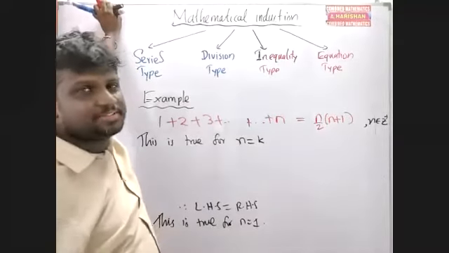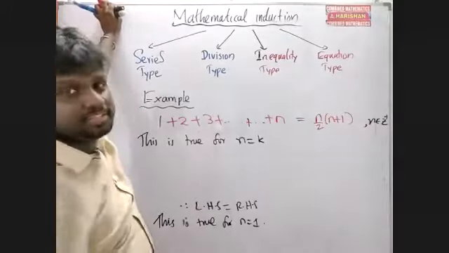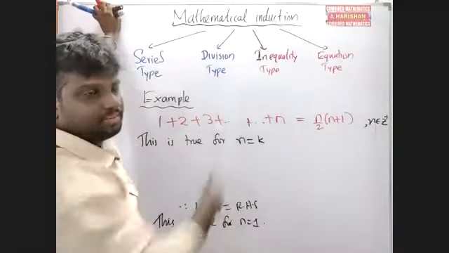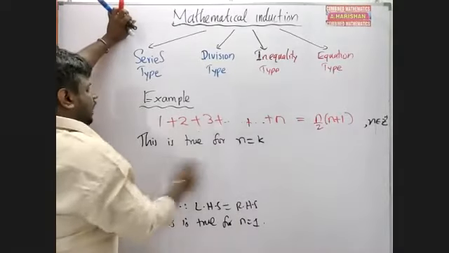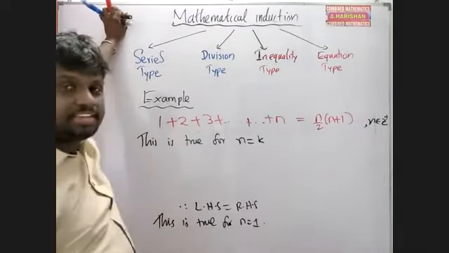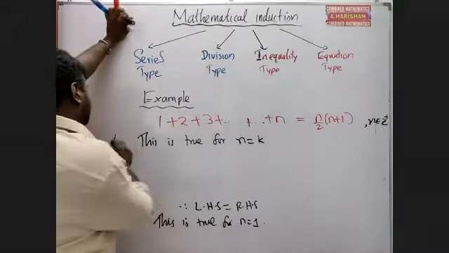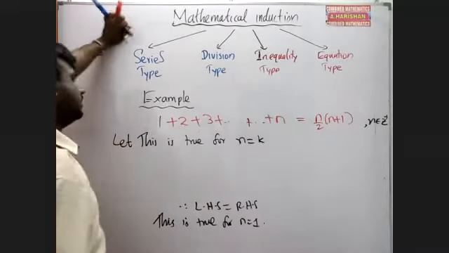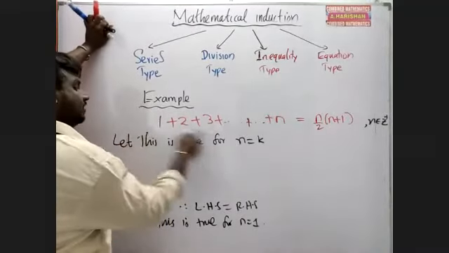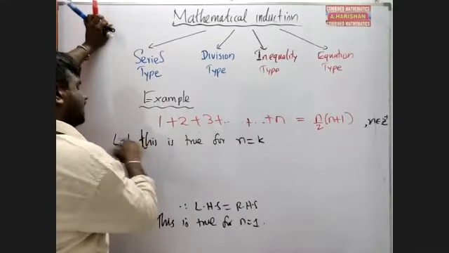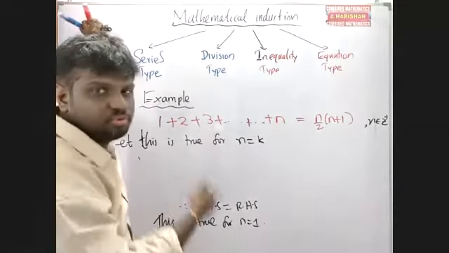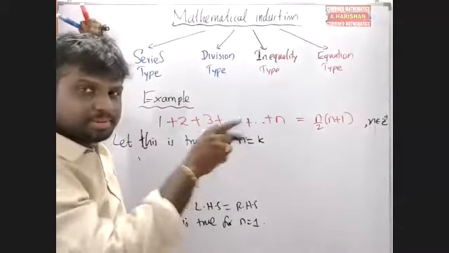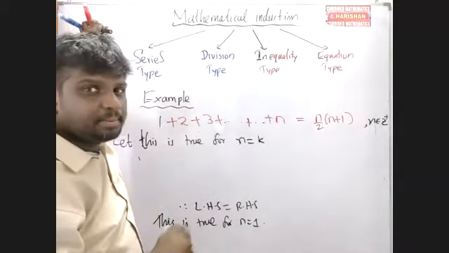If they use k in the question, then I use p. So we have to assume: let this be true for n equals k. You can't just say it is true for n equals k; you have to say let this be true for n equals k. That means we are only considering it true for n equals k.